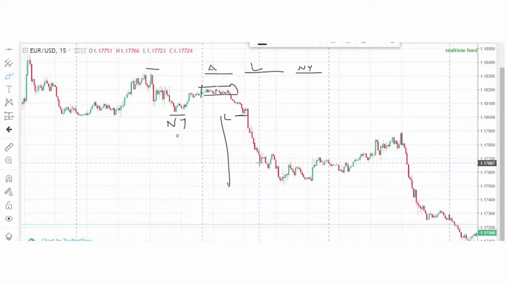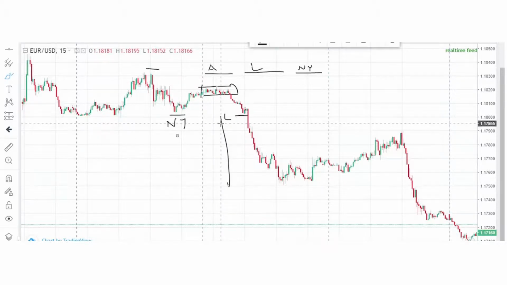If it breaks the low of New York, which is yesterday's New York, the previous day, then it's even better. It means it's even much stronger, because this market here broke the low of Asia and it also broke the low of New York. Are we together?